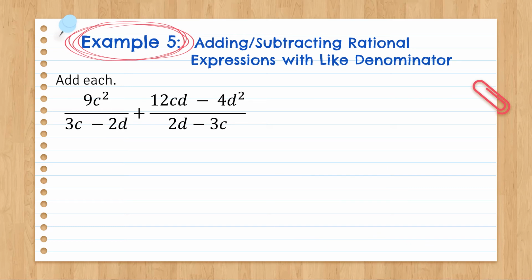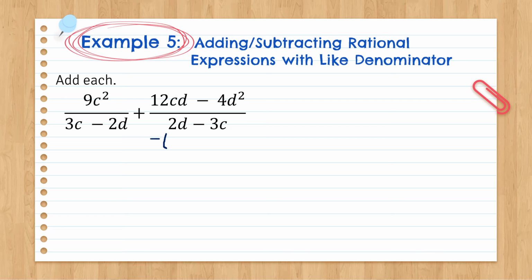For example, number 5. Sabi ni ma'am, like denominator daw. Pero bakit kaya ganito yung ating denominator? Mukha naman sila magkaiba. Actually, hindi sila magkaiba. Ang gagawin natin dito ay i-factor out natin yung negative 1. Why? Kasi kung mapapansin nyo, ang 3c sa unang fraction ay positive, sa ikalawa ay negative.